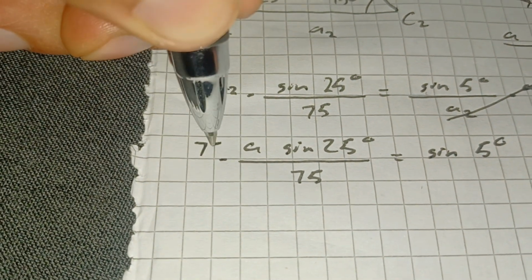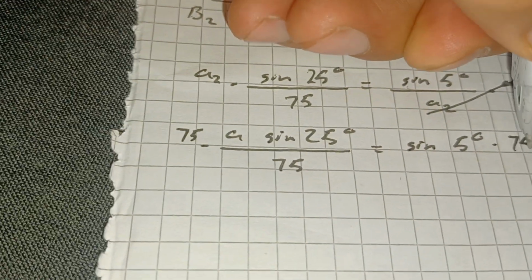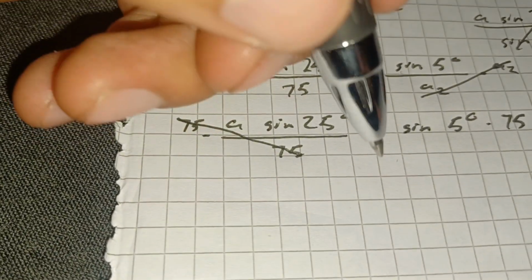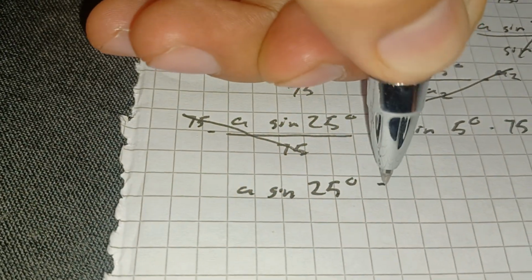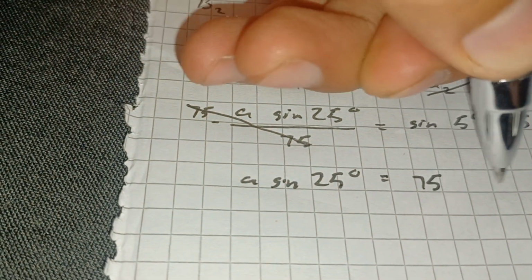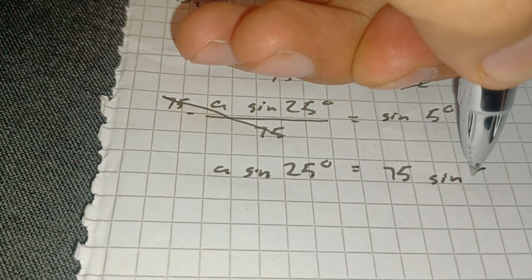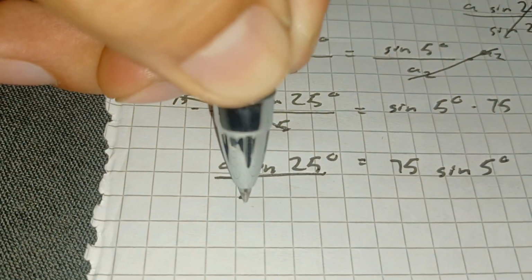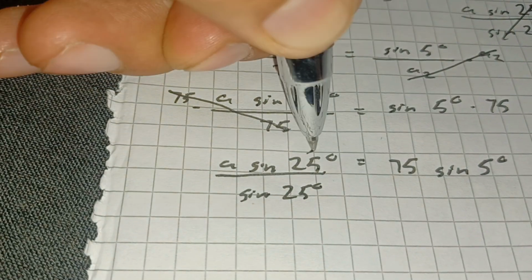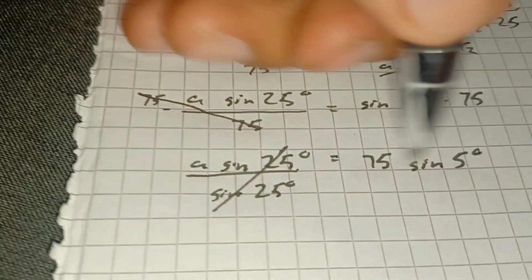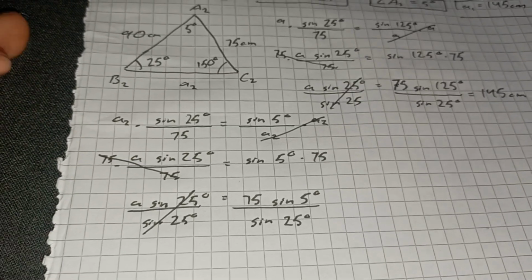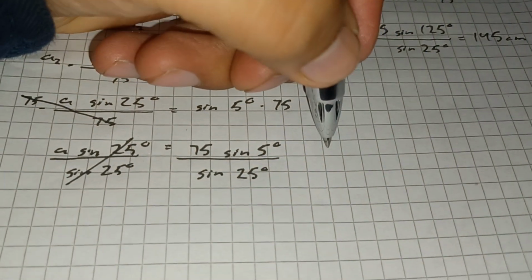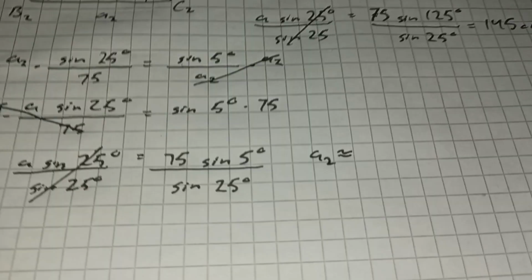Multiply both sides by 75. Remember, what you do to one side, you do to the other side. A sine of 25 degrees is equal to 75 times the sine of 5 degrees. Then we divide by sine 25 degrees on both sides, they cancel out, so we just have a by itself. Now plug it into your calculator and let's see what a sub 2 is roughly equal to.